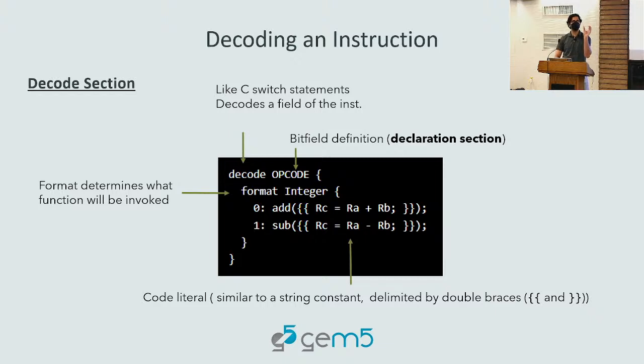These fields are defined separately somewhere. And then if this opcode has some value, like maybe if it has 0 value, then you execute this part. If it has 1 value, then you execute the part corresponding to that. What is this format thing? I'll talk about that in a couple of slides. Don't worry about it.